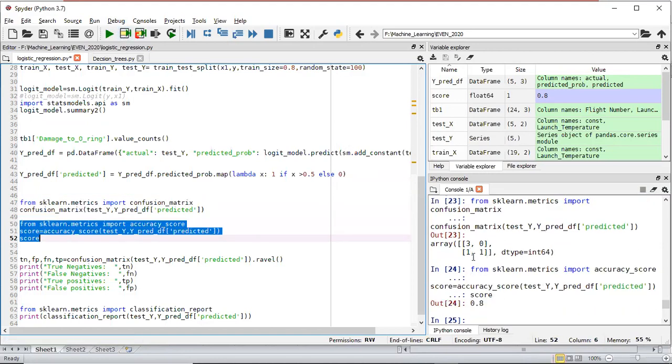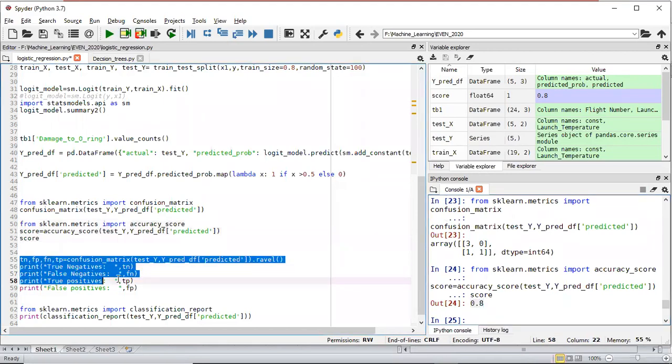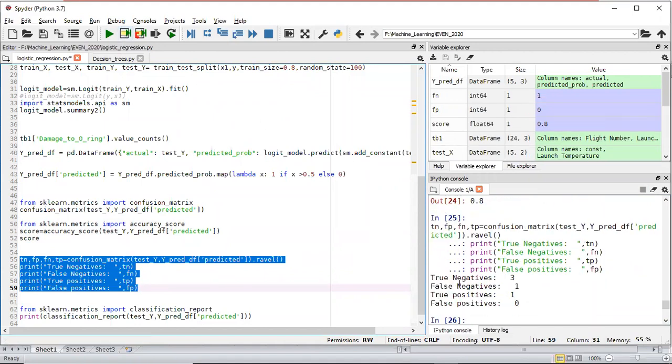See, now there is only one case where it is misclassified. Out of 5 cases, one is misclassified, so I have accuracy of 0.8. I have 3 true negatives, 1 false negative, 1 true positive, and 1 false positive.